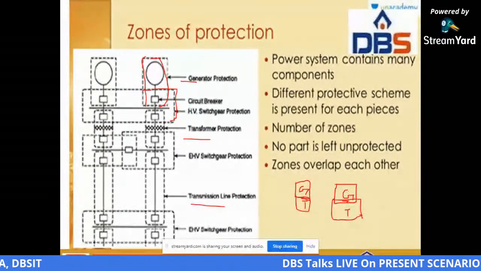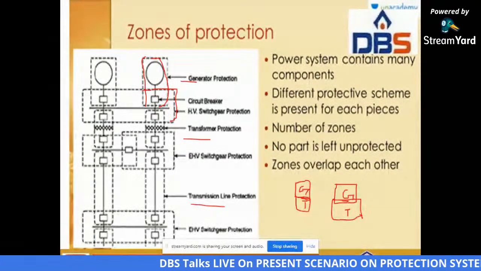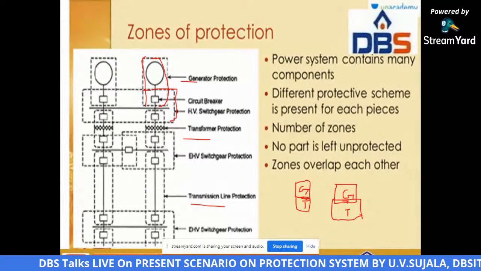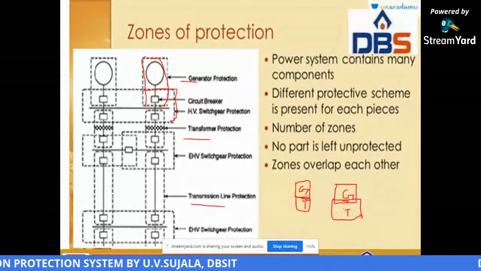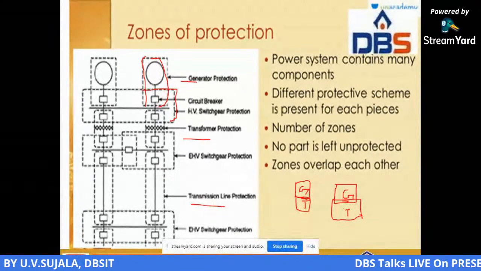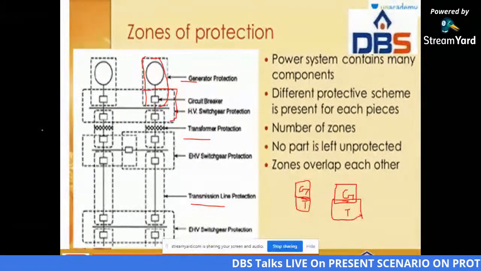So we have to overlap, then decide on a generator. If one breaker does not trip, another will act and continuity will be maintained. That is called a protective zone.